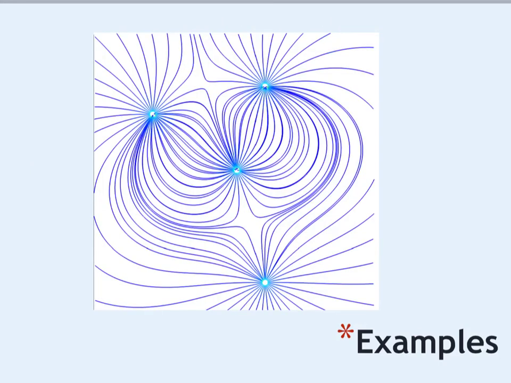Now this is just for fun. I just wanted to show you what this looks like. We can't tell direction, but we can get some really funky patterns when you have more than just 2 charges. So what we can tell is that these lines are connecting to this one, but they're going away from this one. So these two have the same charge.